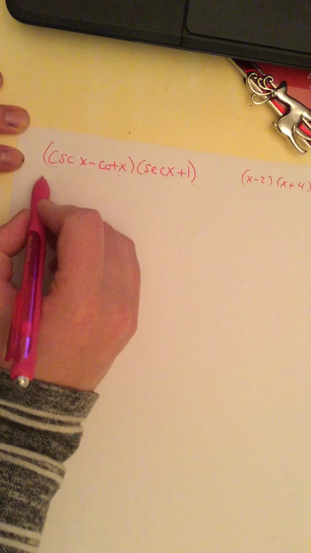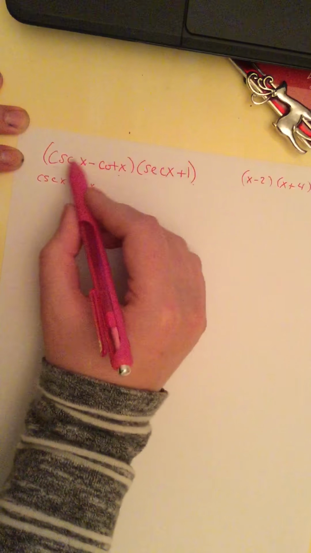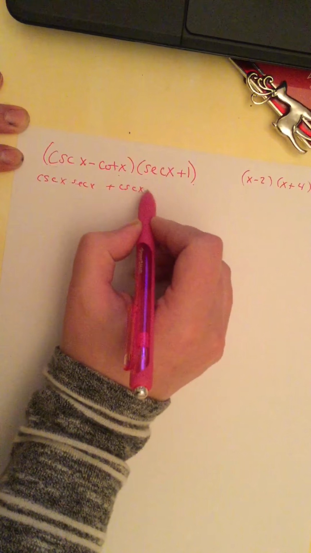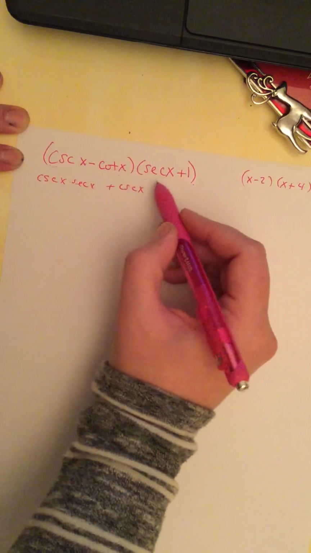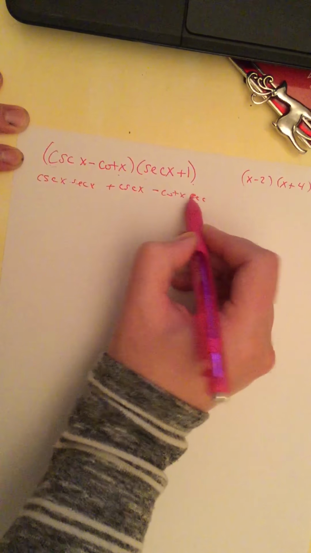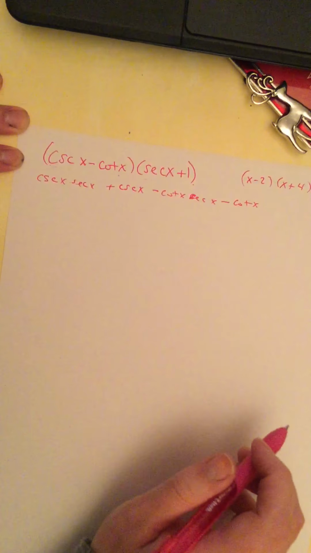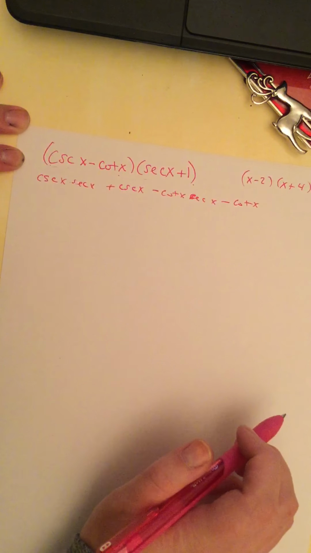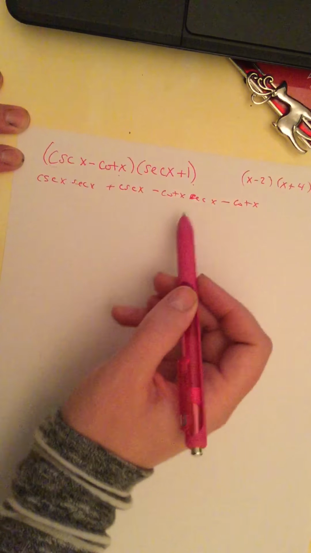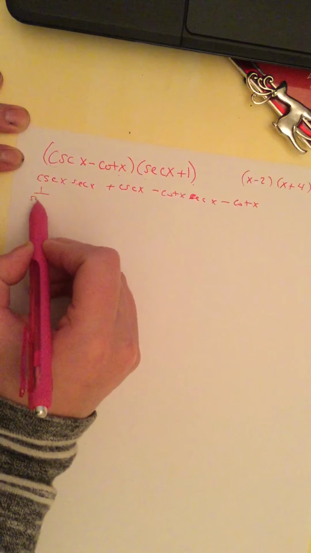Okay, so cosecant, secant, and then cosecant times 1. Just cosecant, and then this is cotangent times, I can't write, and then minus cotangent of x. Okay, so from this point, now I want to start to see what I can do with these little pieces that I'm multiplying and where I can simplify things. So I know that cosecant is 1 over sine.